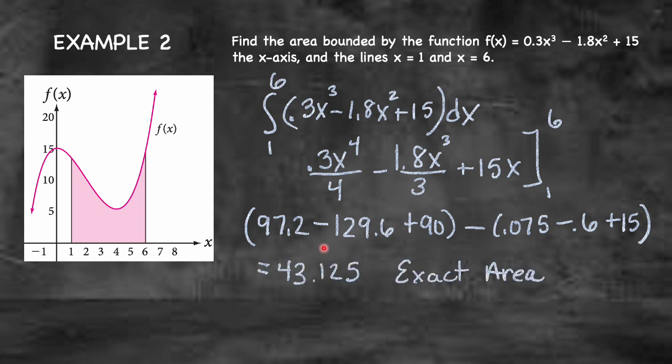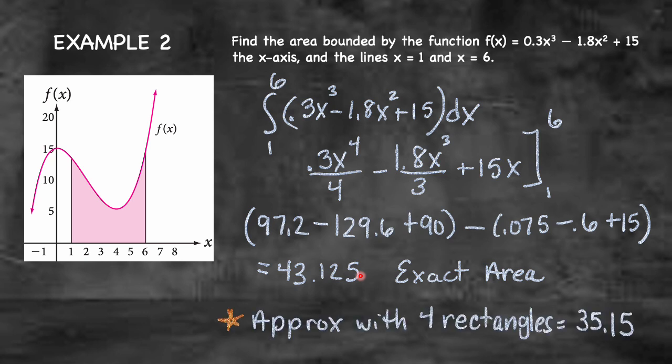Now, the final answer that we get that's exact, once we work all that out, we get 43.125. So if we compare that to our previous answer, estimating with 4 rectangles, the estimate we got was 35.15.